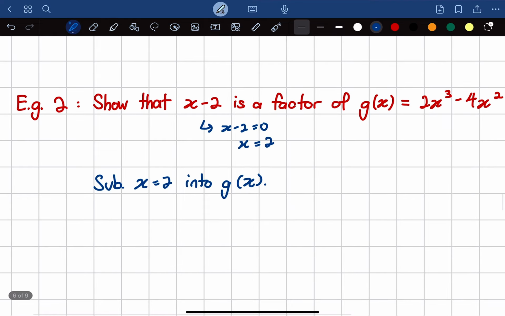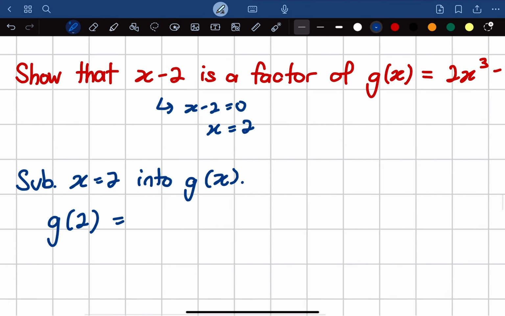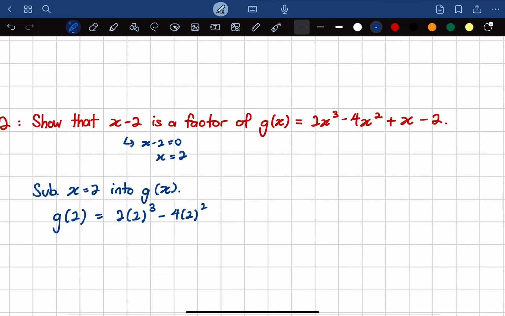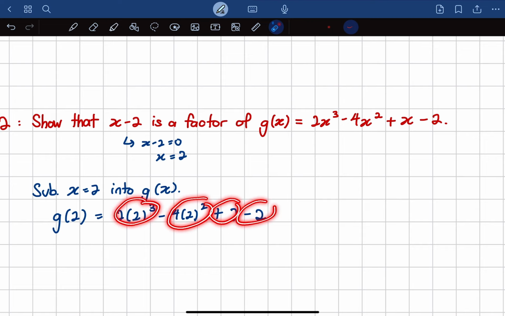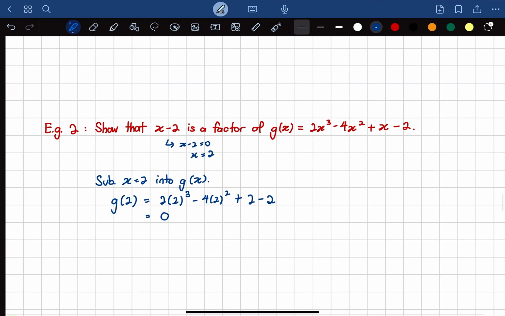By working, g(2) is equal to 2 times 2 cubed minus 4 times 2 squared plus 2 minus 2. This is 16 minus 16 plus 2 minus 2, and if I evaluate using your calculator, you'll get 0. So the remainder is 0, and I can now use the factor theorem.